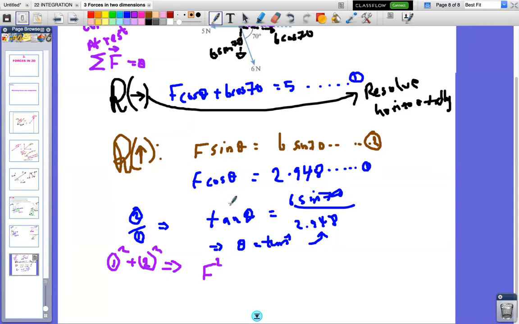Sine squared plus cos squared will be 1. So that will give you 6 sine 70 squared plus 2.948 squared. So F will just be square root of this squared plus that squared. Okay?